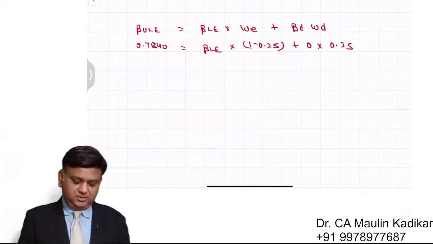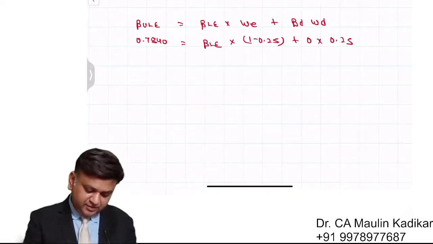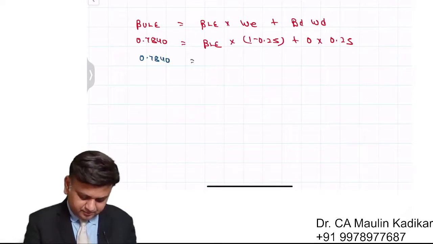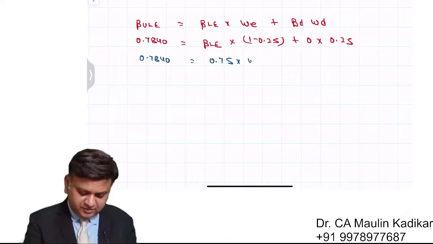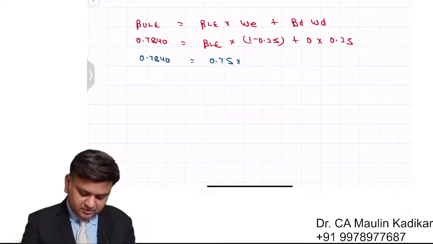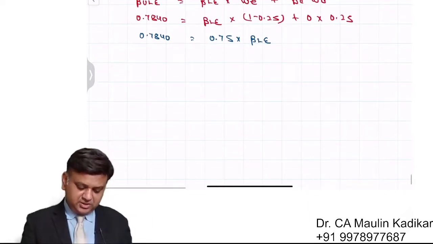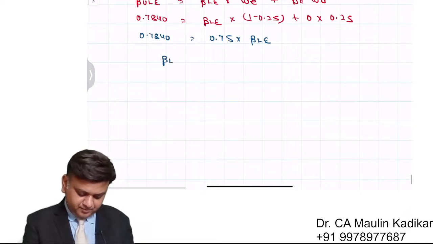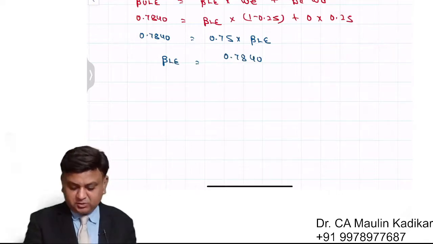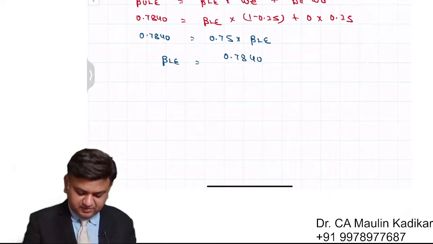So we understand it is 0.7840 equals 0.75 into बीटा ऑफ लीवर्ड इक्विटी, और दूसरा एलिमेंट 0 हो जाएगा. 0.7840 divided by 0.75.